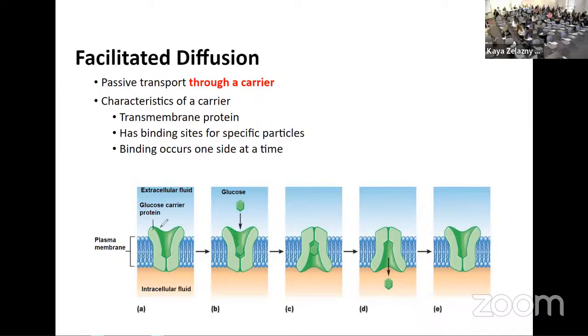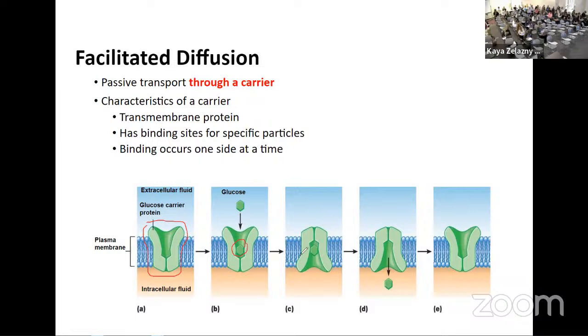So in this case, we have an example of glucose and a carrier protein. Okay? So this protein is an integral transmembrane protein, goes all the way across, and it's a glucose carrier. What happens is it has a binding site, a little slot for glucose to come in on one side.